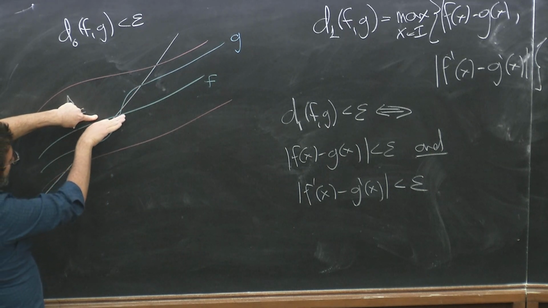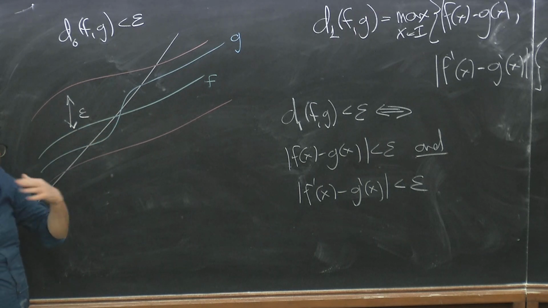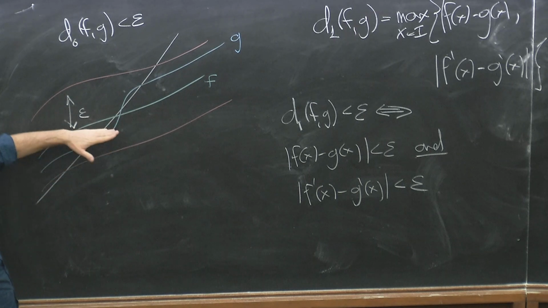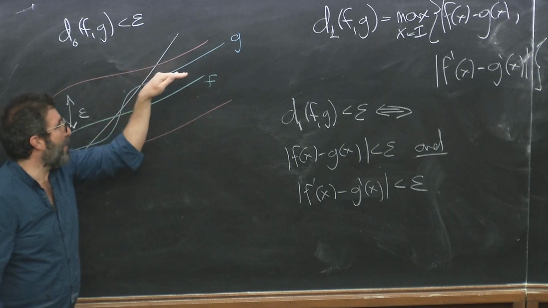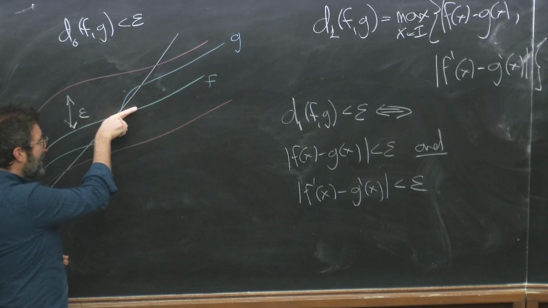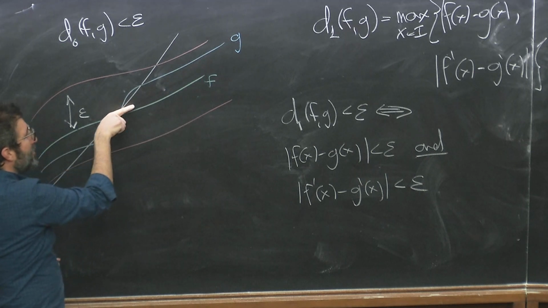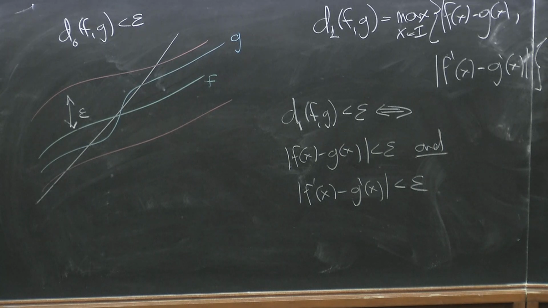If the derivative stayed similar, I'm going to leave it in the notes as an exercise to prove this, you cannot go up and across like that, because the derivative needs to be similar. And if the derivative is similar, you need to more or less go at the same speed. You can't suddenly do this, right?